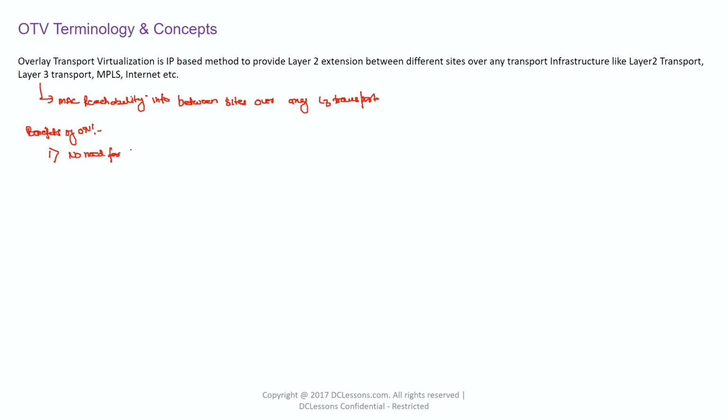The second benefit is it uses any transport, any layer 3 transport, including internet. The third one is that it helps in STP isolation.